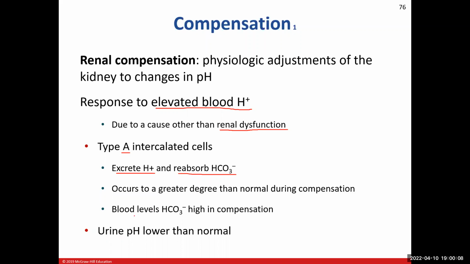So we'll see our bicarbonate levels in the blood kick up, and our pH will start to go back to its normal levels. But our urine will have a lower pH than normal because of the higher than normal amount of hydrogen ions moving into it.